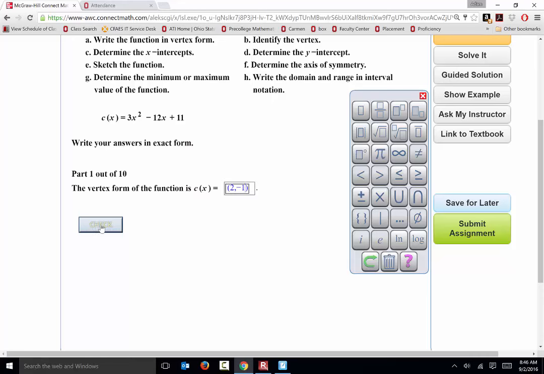No. Oh, it's not saying vertex. It's saying vertex form. So you need to write the entire form.